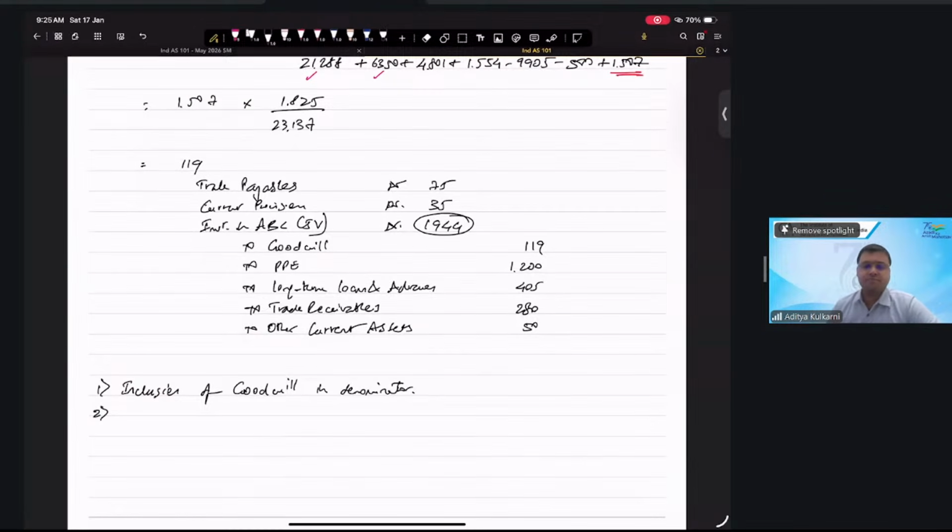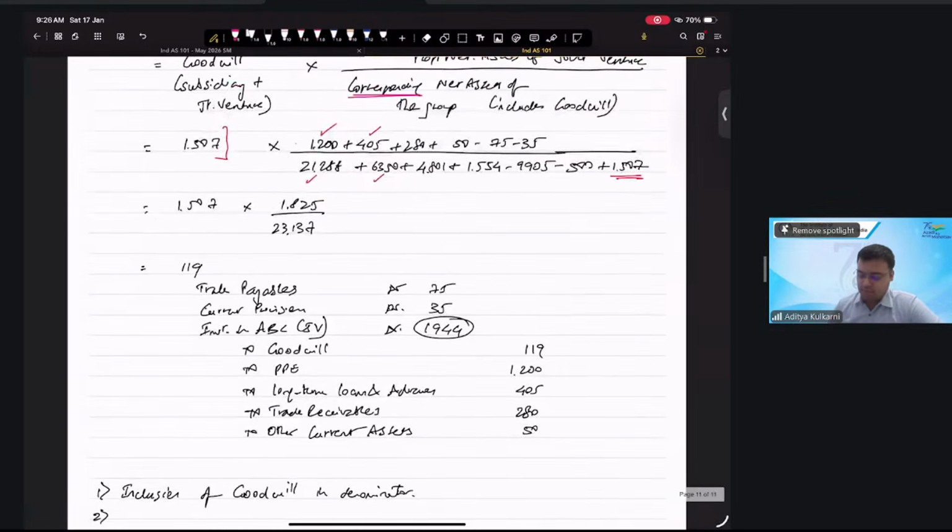Second, we have assumed that goodwill is arising only in respect of those assets and liabilities which are there in the joint venture. We have taken only those for the group as well. Yes or no? Yes. For example, we have not taken investment property, right? Right.